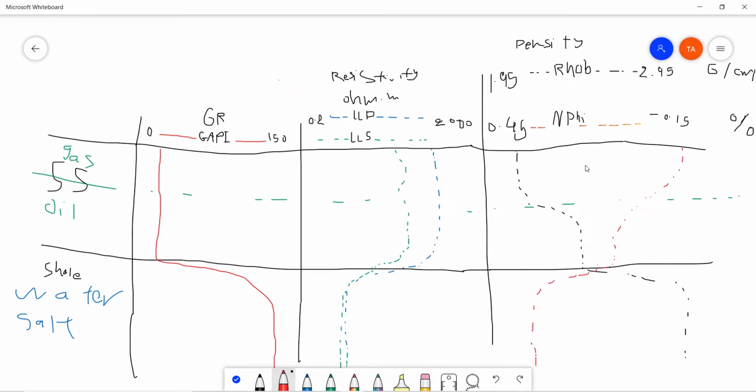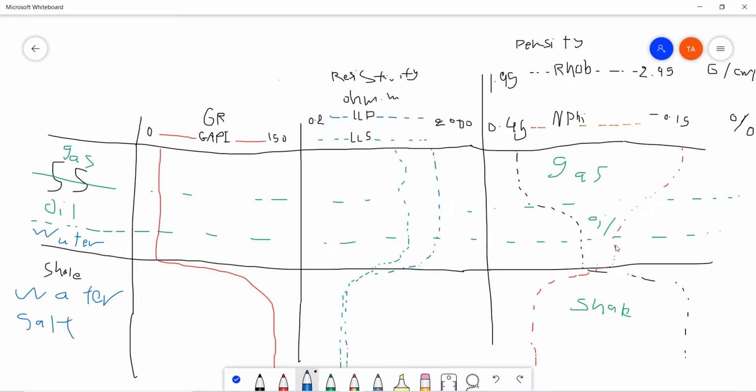So from that we know that we have gas right here and oil right here, and here we have shale. So let's say we have water in this sand zone. Let's see the response of phi. So we saw the response of density logs in shale.